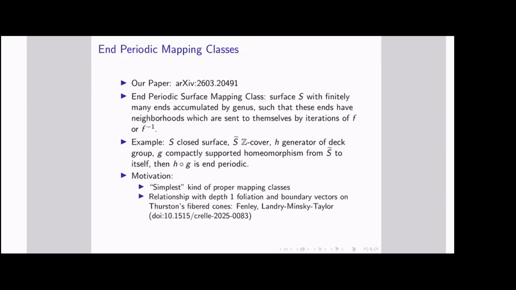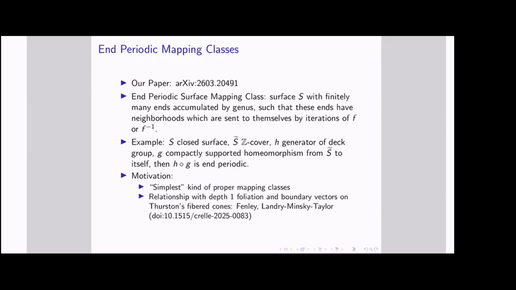Because we can do smaller and smaller perturbations, we are finding vectors inside Thurston's fibered cone which are getting closer and closer to the boundary. So another way to think about end-periodic surface maps is that they basically represent vectors at the boundary of a fibered cone.